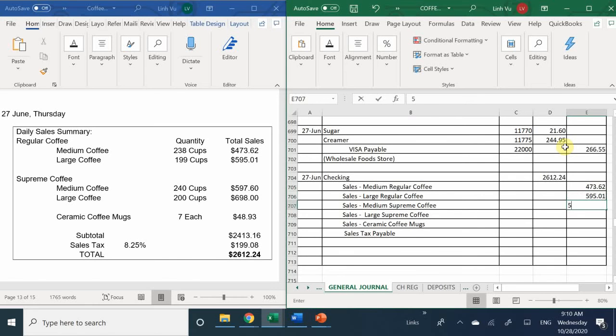And sales of medium supreme coffee, $597.60. Large was $698 for large supreme coffee. And then ceramic coffee mugs, 48.93. And then the sales tax payable, 199.08.